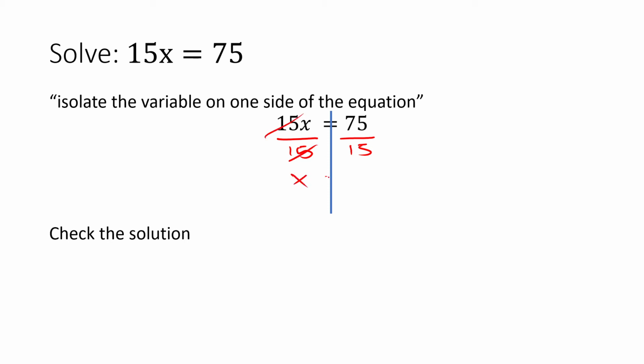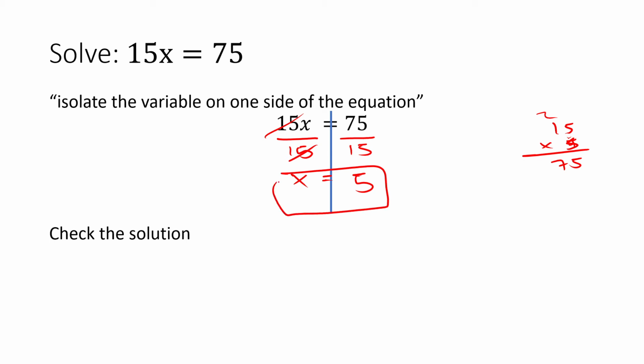You're left with x is equal to 75 over 15, which is, let's see, 15 times 5 is 75. So that means 75 divided by 15 is 5. So that's your answer.